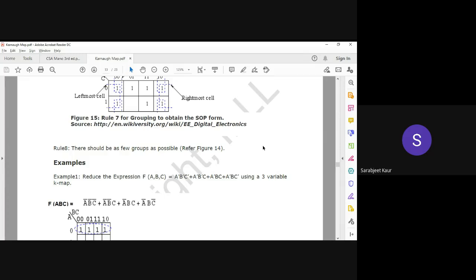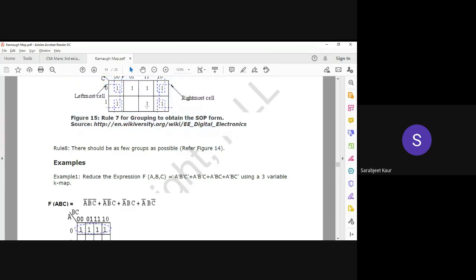But what this rule wants to say is that we should not make a group just for the heck of making. So in this case, please see, these two have been grouped with these two. So this is the first group that I've got.